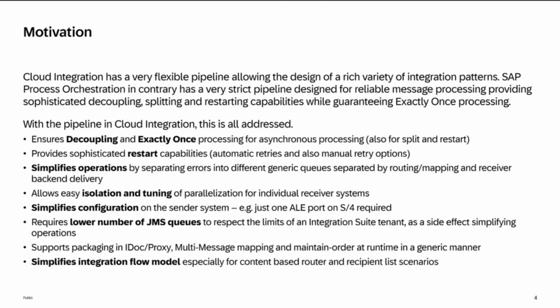The other motivation is that resources on cloud integration are limited. They are also limited on PIPO, but PIPO is administrated by you, and you can add more resources if required, right? In the cloud, since this is a shared environment, it's sometimes not so easy, especially when it comes to JMS resources.